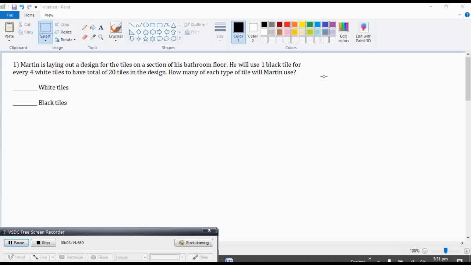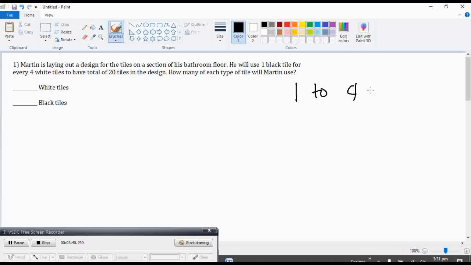He will use 1 black tile for every 4 white tiles. So therefore, you have 1 black tile to 4 white tiles, to have a total of 20 tiles design. How many of each type of tile will Martin use?